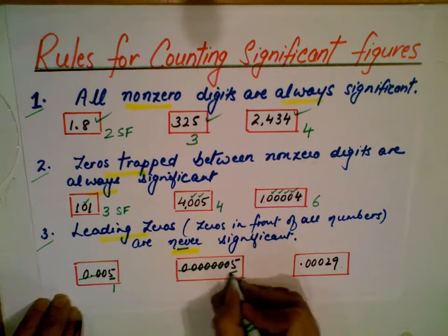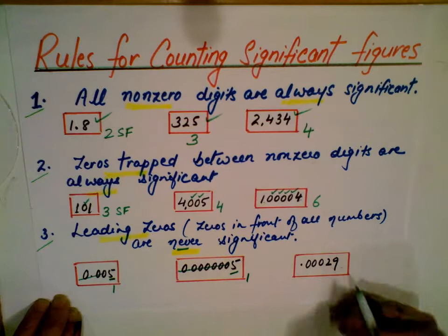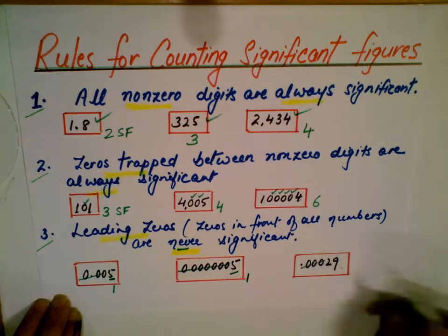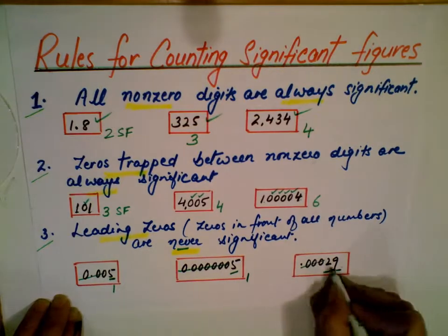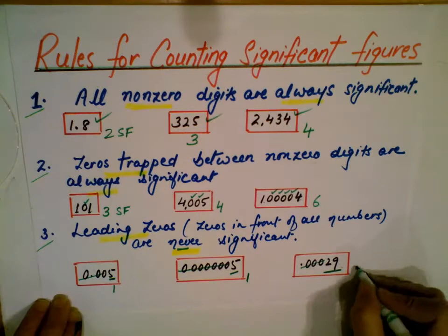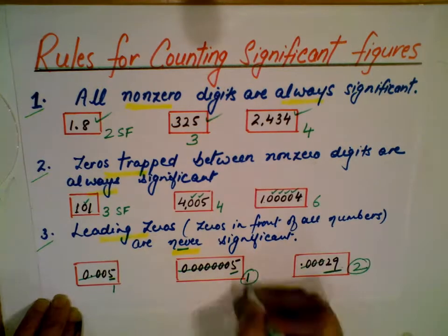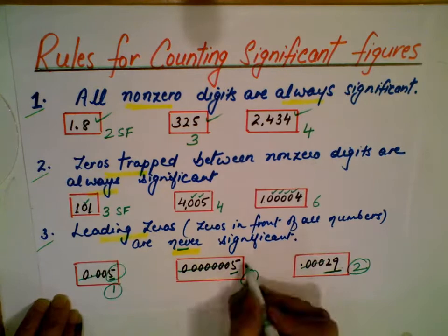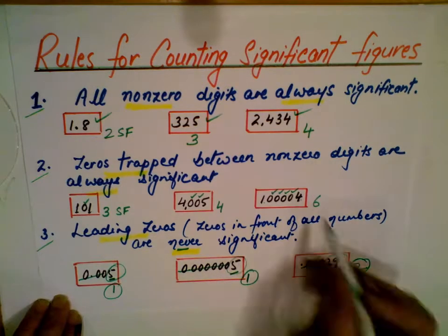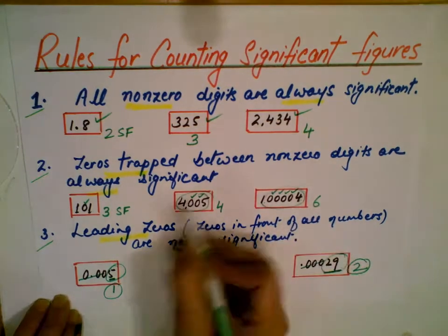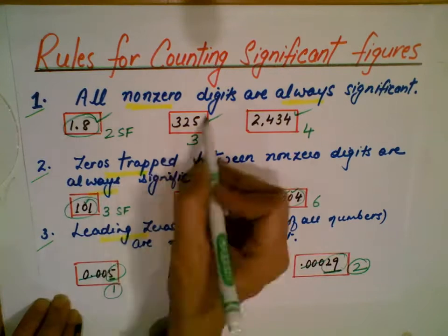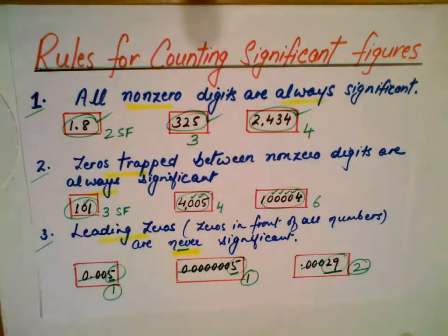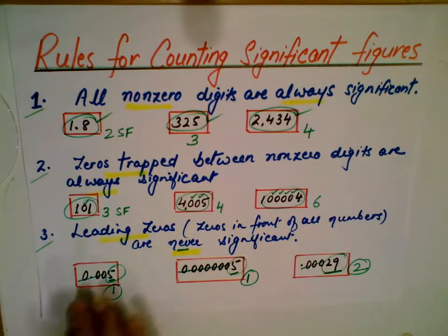So here again we have only one significant figure. Here you cross these out, they are not significant. We have only 1 and 2 significant figures here. Okay, so here 2, here 1, 1. In this case the whole thing, all of these numbers. All right. Okay, now let's go to the next rule.